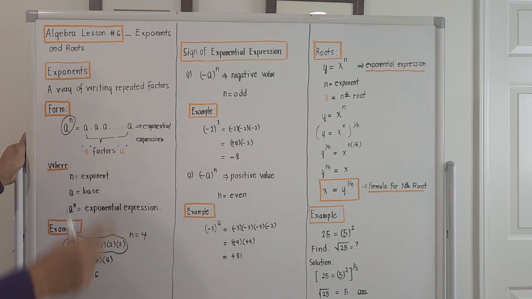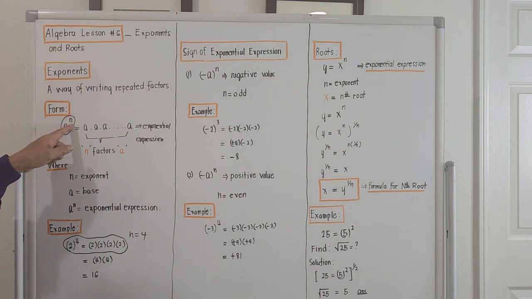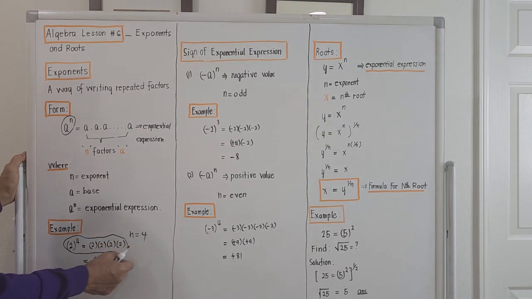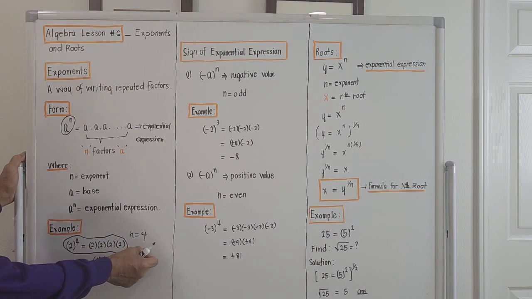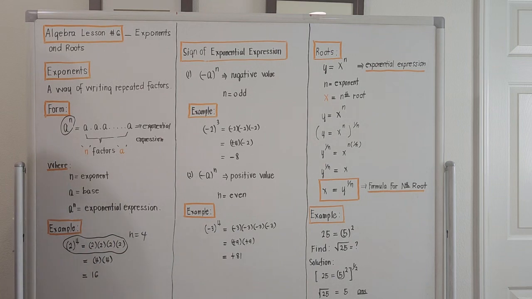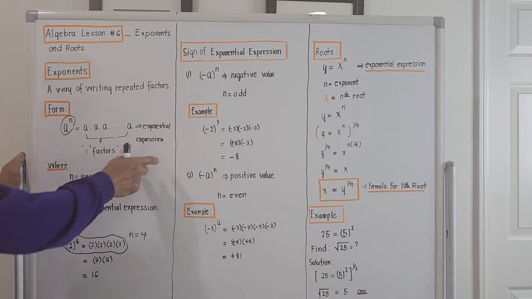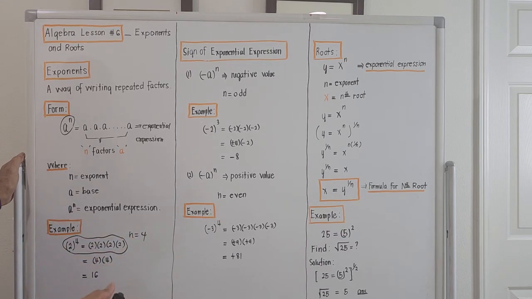But for the given example, the value of n is actually equal to 4. That is an equivalent of the so-called exponential expression. At least we now know what an exponential expression or equation is. There should be a base and there should be a power.